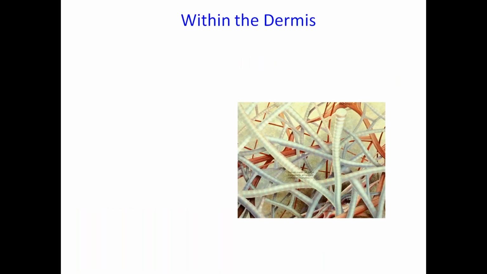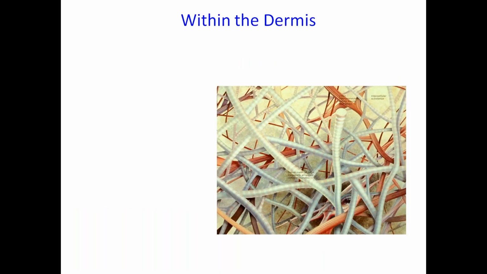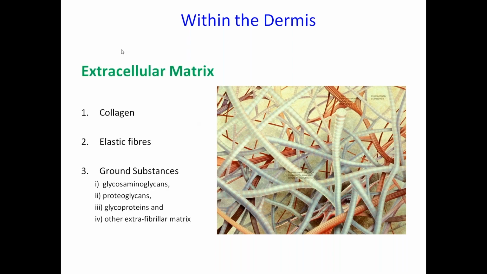And so if we look at a schematic of what's in this dermis in a bit more detail, we've talked about collagen. Well, collagen comes in fibers like this, which interlace together to give support to the skin. They're called fibrils because they have this fibrillar pattern, but there's also elastic fibers and material in between. And so this is all called the extracellular matrix.